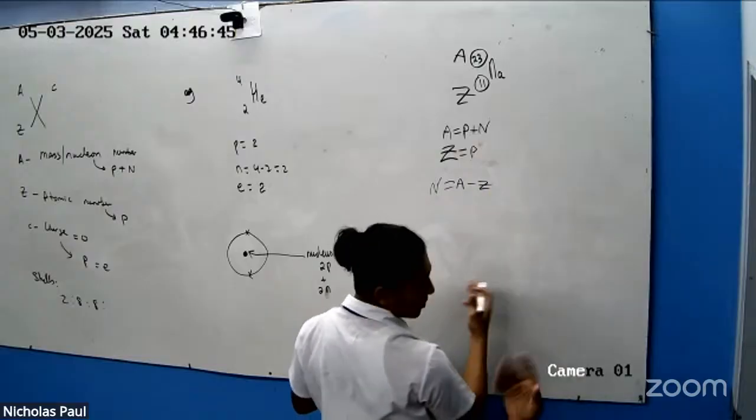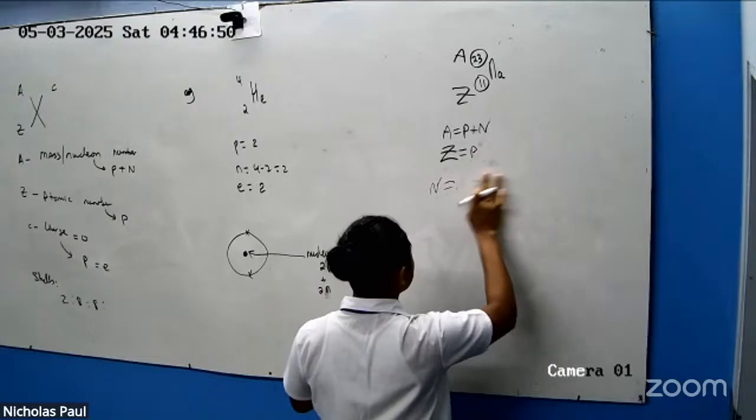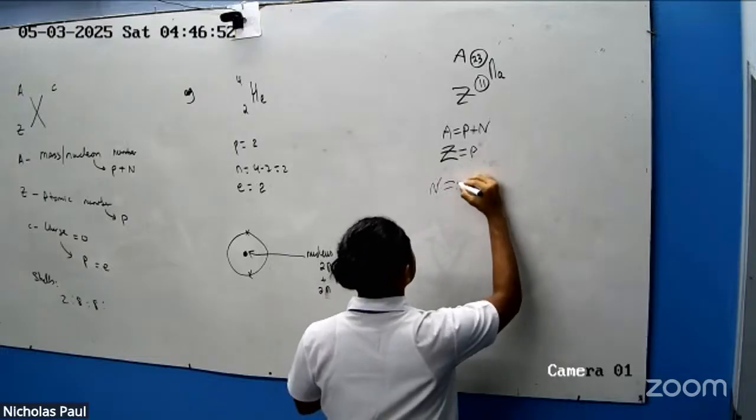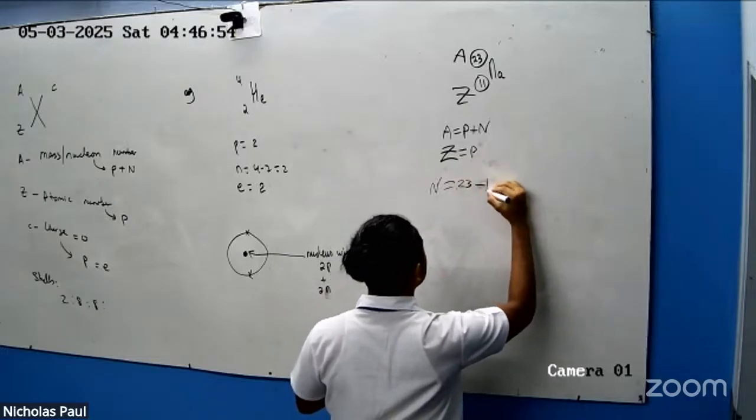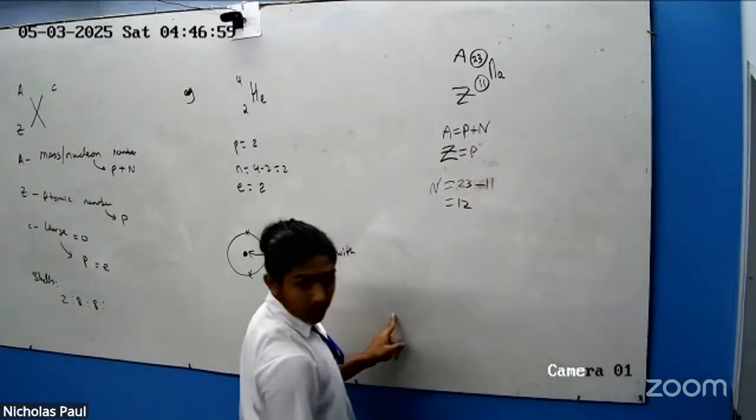Let's put in numbers and enjoy it. Right, so neutron 12. 12 neutrons.